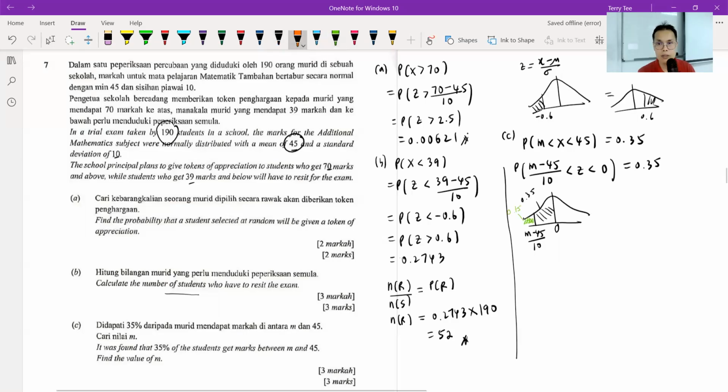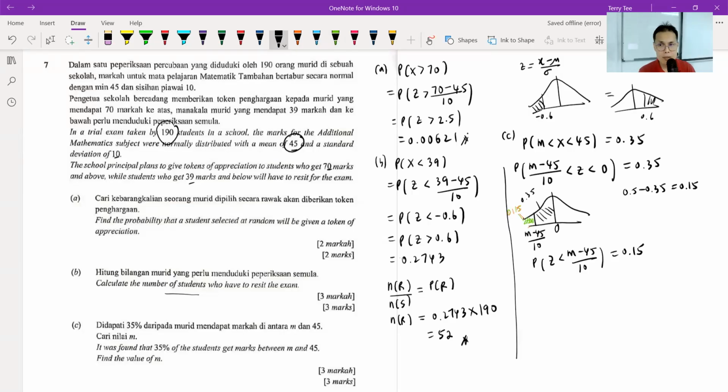Now, how do I get 0.15? We know total is going to be 1. Half of it is 0.5. So the probability of Z less than M minus 45 over 10 is therefore 0.15. You can take 0.5 minus 0.35, you get 0.15.